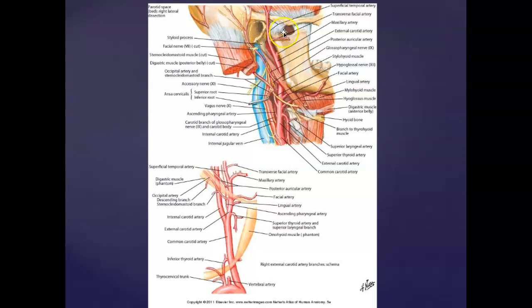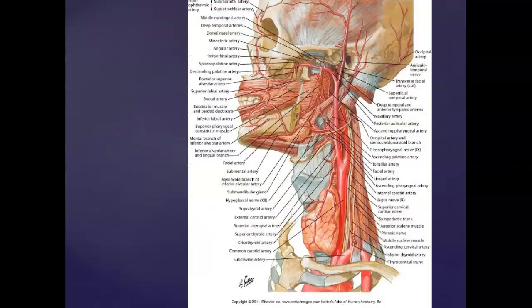So today we'll be getting rid of the ramus of the mandible to be able to identify and expose the branches of the maxillary artery. And then as that continues up, it becomes the superficial temporal artery coming up the sides there. Let's just show you this picture here too, so you can see the external carotid coming up.